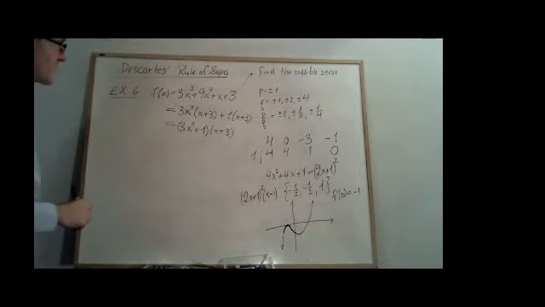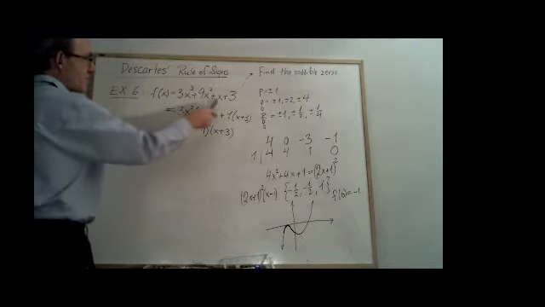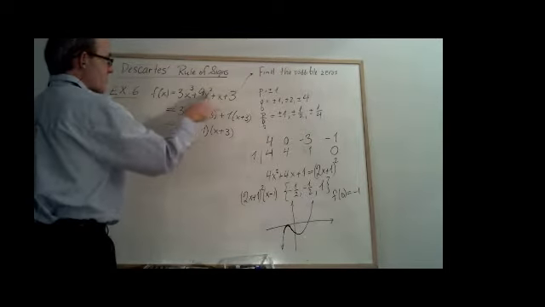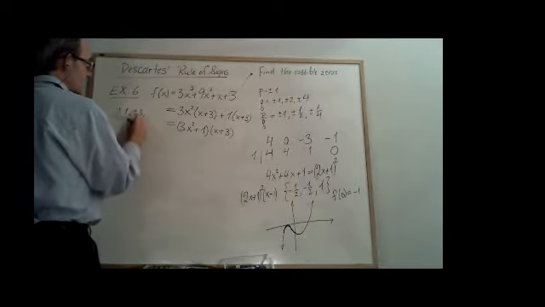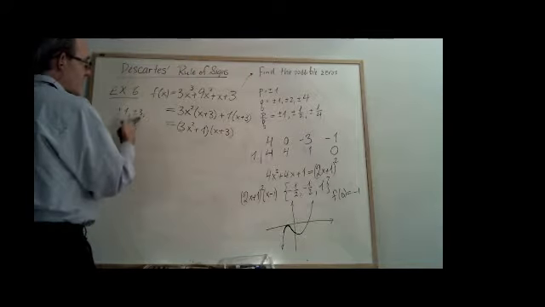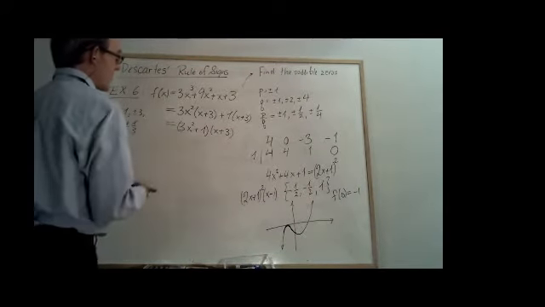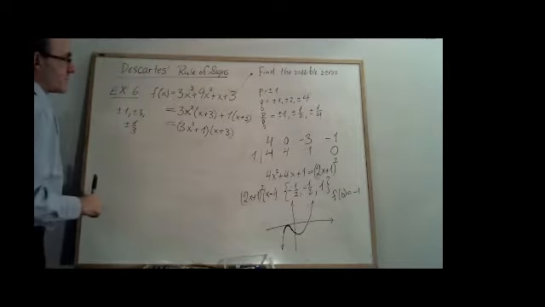Okay, so another way to do this, which I think is what the book does, is you look for all the possible rational roots, and they're plus or minus 1, plus or minus 3, plus or minus 1/3. You try them all out, and when you hit -3, it gives you a root, and you can factor it.